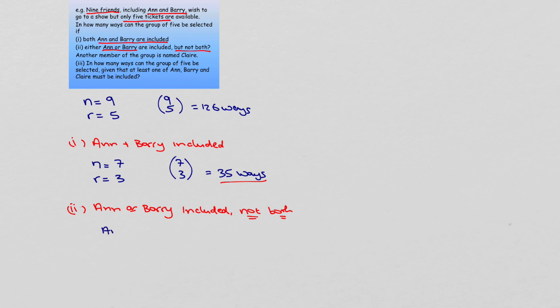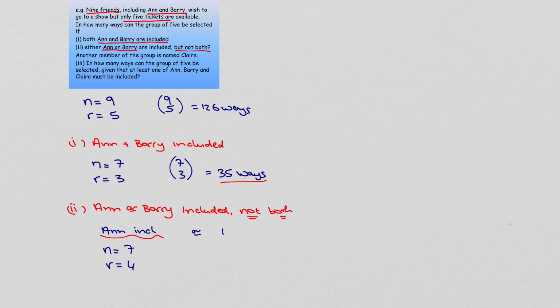We can have Anne is included. So if Anne is included, what that means is that we can have Anne or Barry, but not both. So we're still down to 7, and we have to look at the other 7 friends, not Anne or Barry. And then, well, how many tickets are available? Well, there's 5 tickets available, and if Anne gets one and Barry doesn't, well, that means there are 4 left to give out.